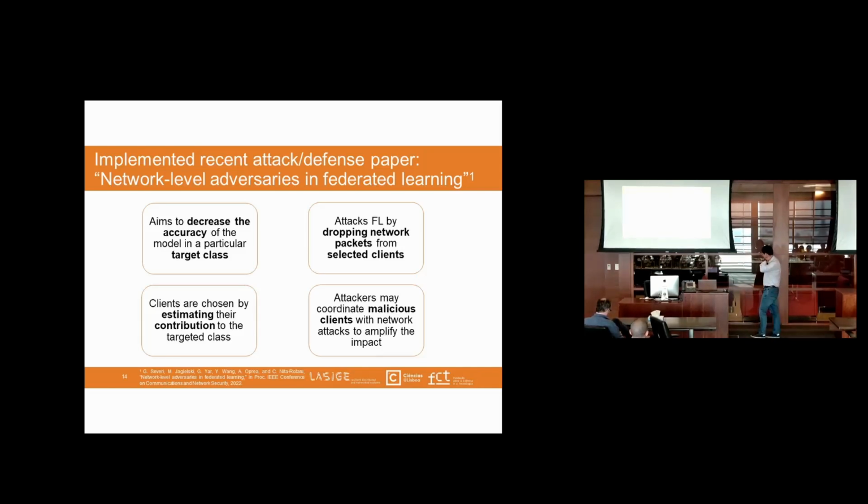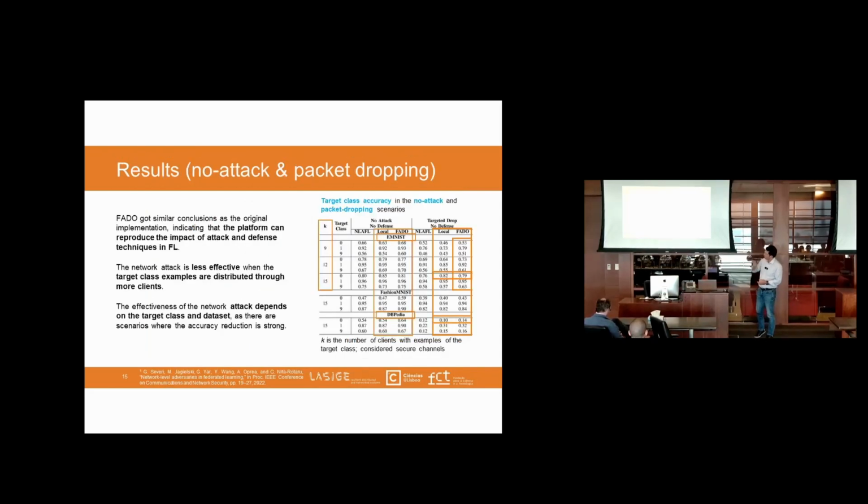They also have malicious clients which poison the model that work together with the network attacker to make the attack more effective, okay? So you cannot read this table, I'm sorry, but it's just to give you an idea.